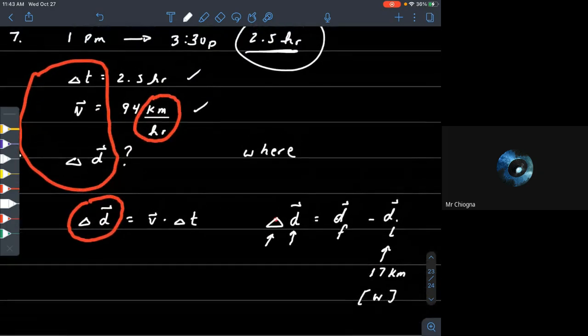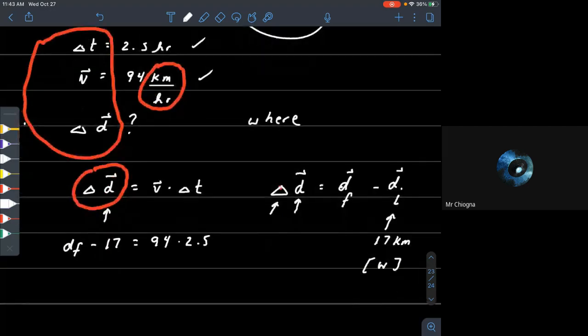So going back to this, you can rewrite it as d final minus 17, we'll skip the units, is equal to 94 times the 2.5. I'm just plugging all the values in.